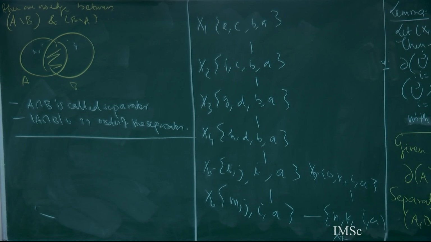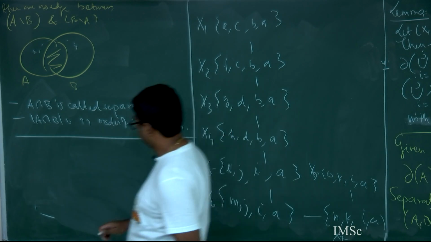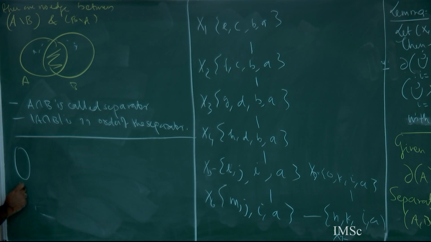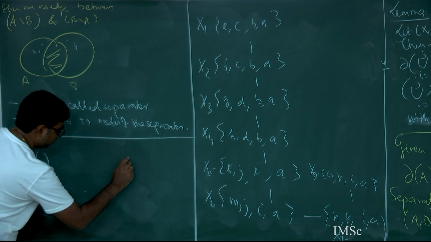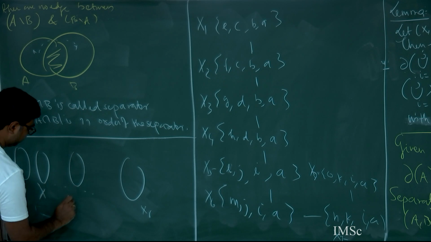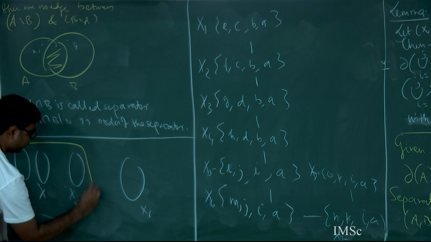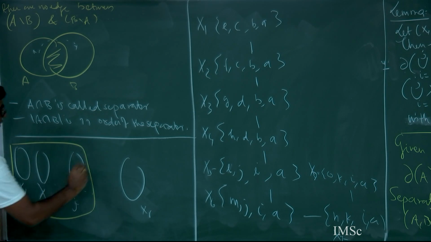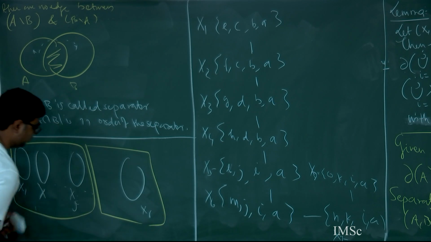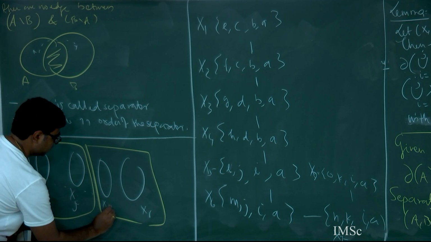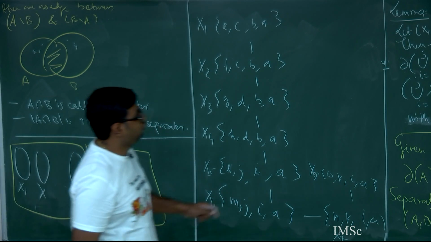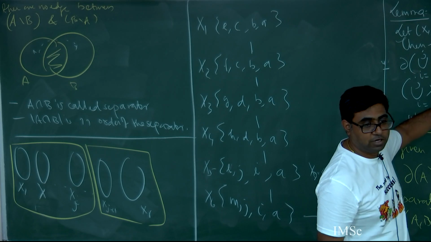So what it tells us that, well, if you look at the second thing, in other words, it says that if you had these bags x1, x2, xr, and you have this xi, xj, then what it tells us that, okay, you take this into one side, you take the remaining into another side, union of i equal to 1 to j and j plus 1 to r into another side.